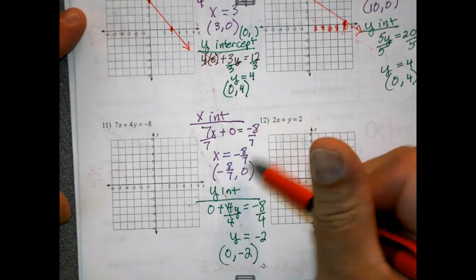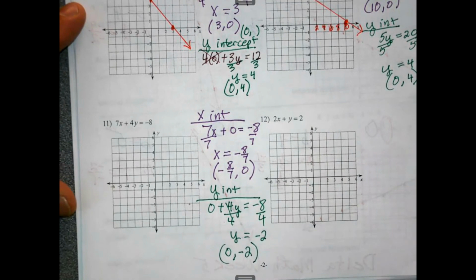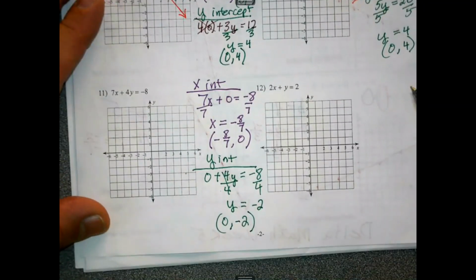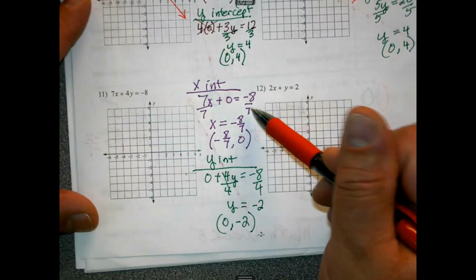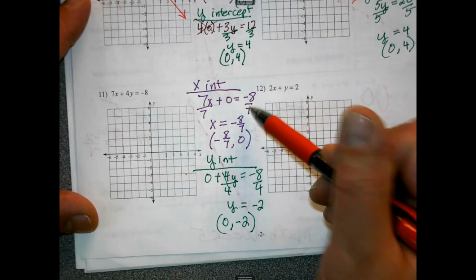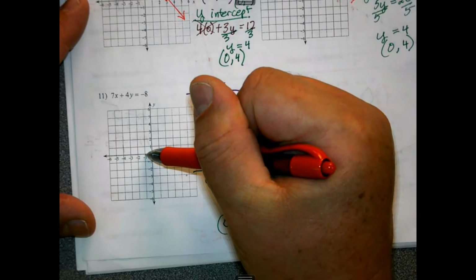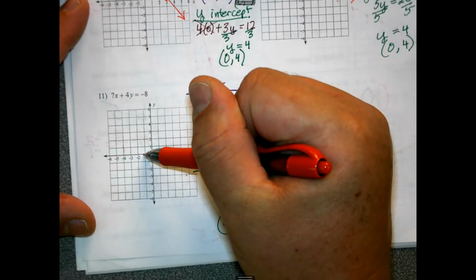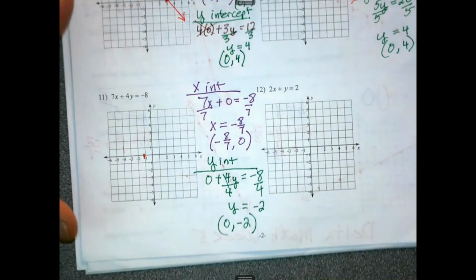So my x coordinate, -8/7, comma 0. Well, it's a little bit past -1, right? -1 would be -7/7. So I'm going to go to -1 and just go a hair past -1 for -8/7.